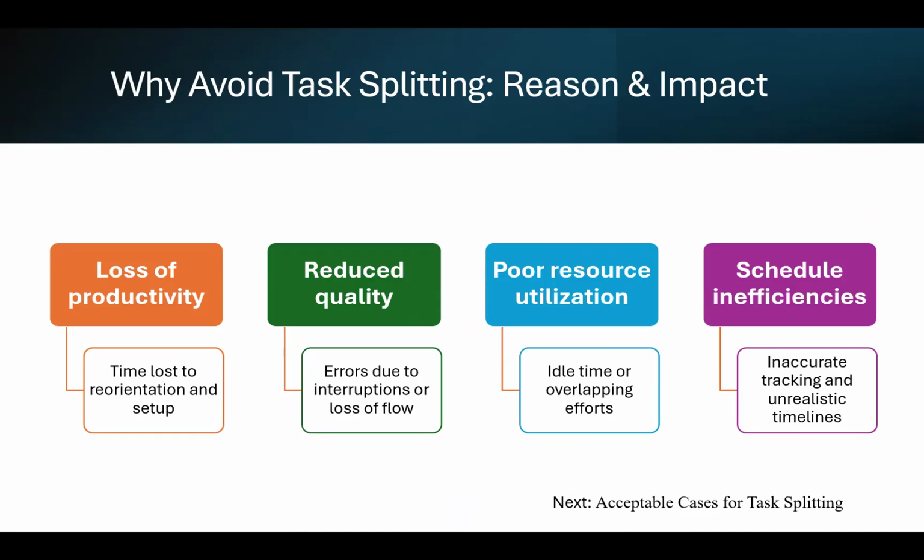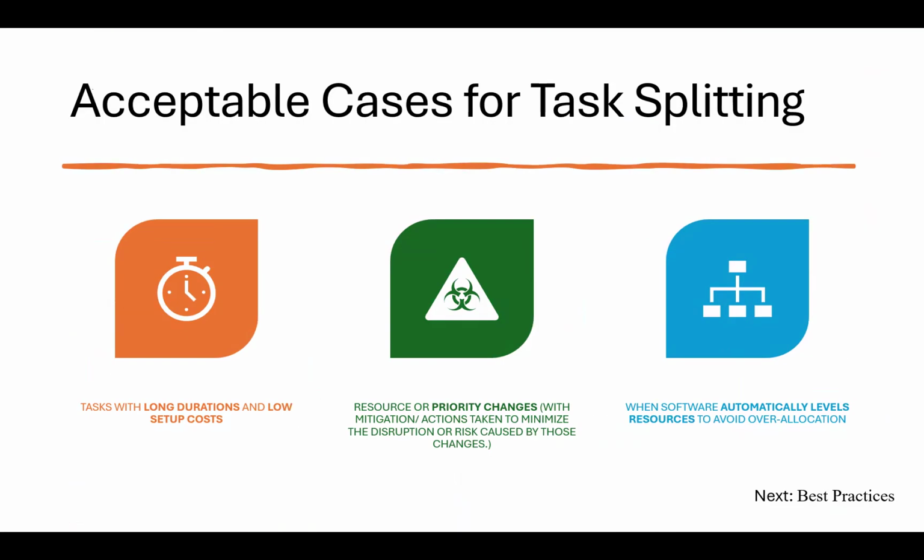Right. So now we've been warned about the hazards of splitting tasks. Is there any time when splitting tasks is acceptable? Here are three examples: long durations and low setup costs, priority changes, and actions taken to minimize the disruption or risk caused by those.